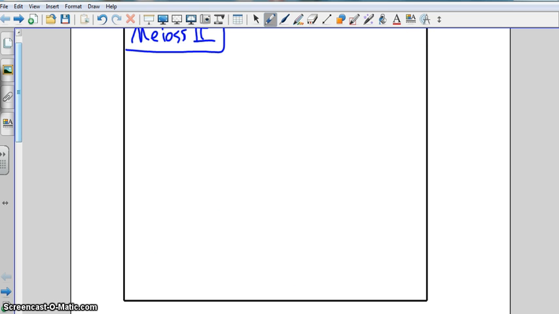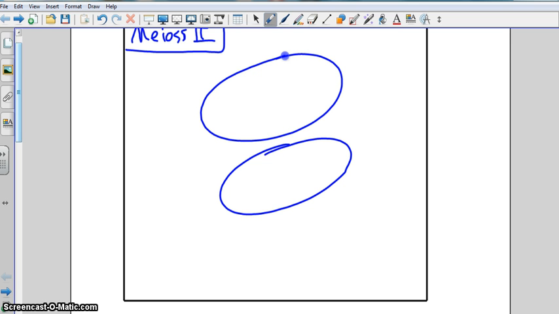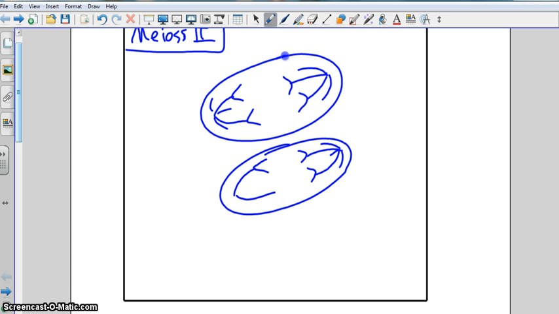Correct. So we're going to draw our two cells again, but this time they're in anaphase. And so we pulled those sister chromatids apart, but we don't call them chromatids anymore. What do we call them? Chromosomes. And this is not anaphase, but it's anaphase what? 2.